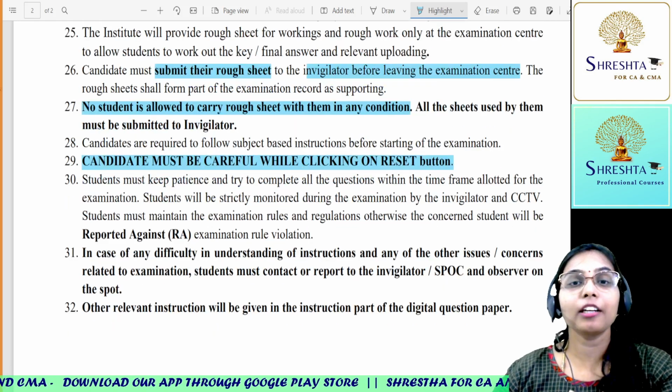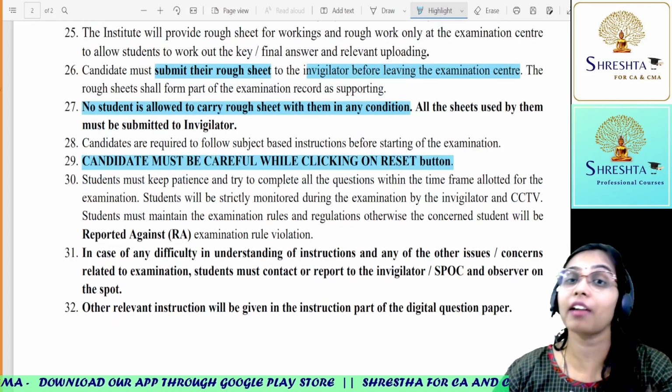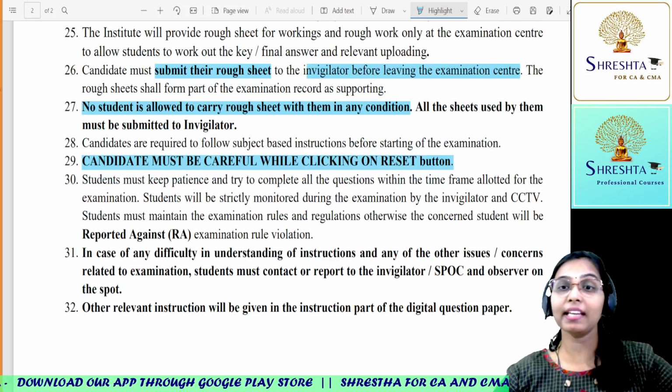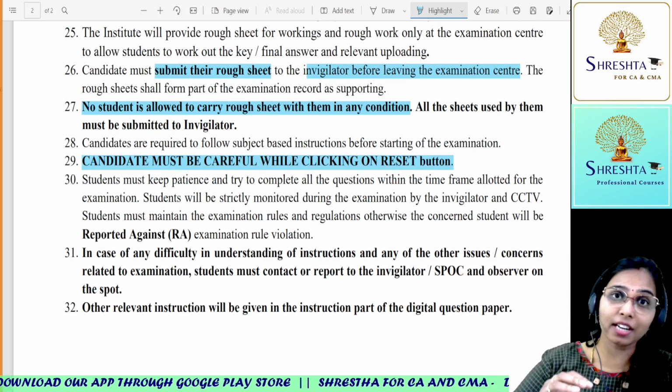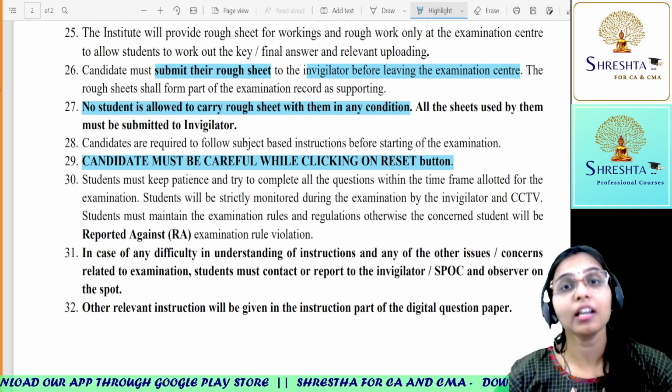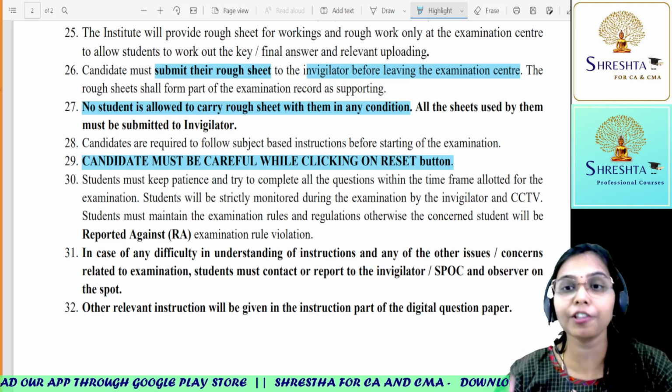No student is allowed to carry rough sheets with them in any condition. You can't bring rough sheets to the examination center. They will provide you rough sheets if you want them.